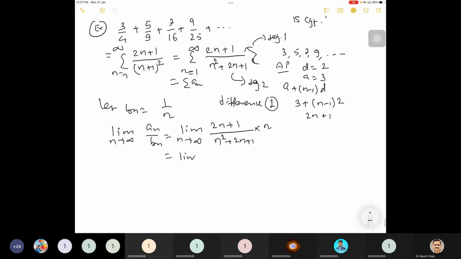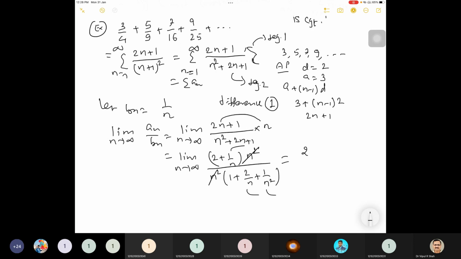Here you can take n outside, so 2 plus 1 upon n. And here you can take n square outside, so 1 plus 2 by n plus 1 by n square. And what is the limit? This is 2, and the other limits are 0. So 2 upon 1, that is 2. This is greater than 0.